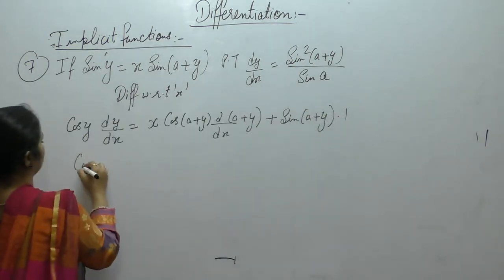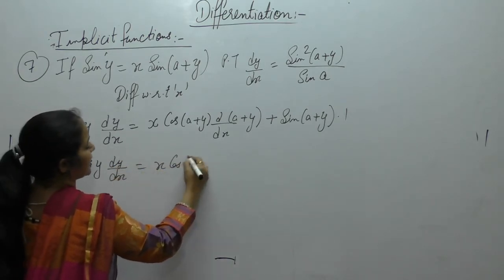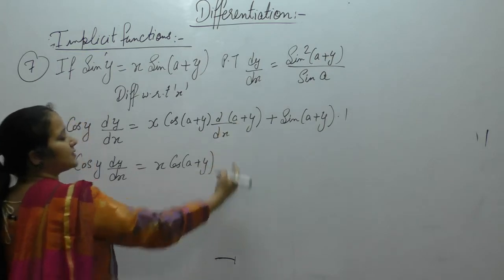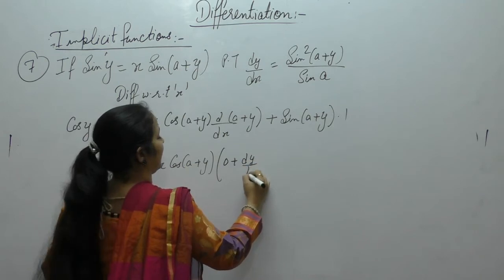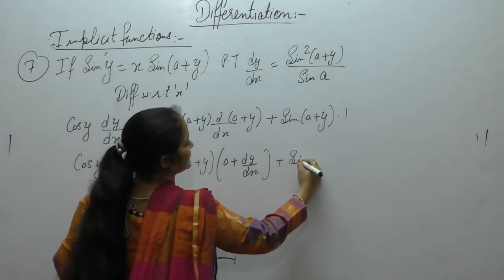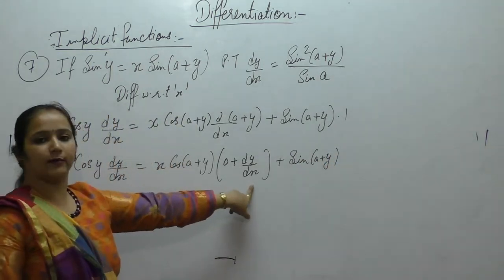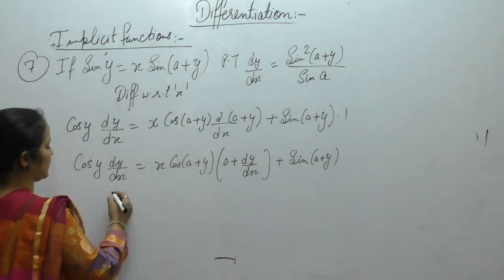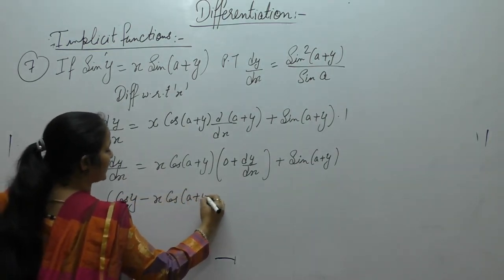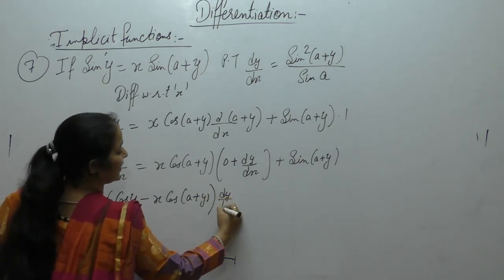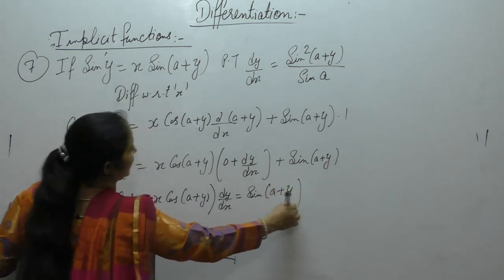So we get cos y dy upon dx is x cos of (a plus y), constant term, a is constant, derivative of a is 0, y is dy upon dx, plus sine (a plus y). This is the term of dy upon dx, and here also, so we can write it as cos y minus x cos (a plus y) dy upon dx is equals to sine (a plus y).